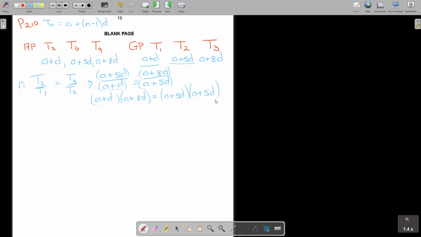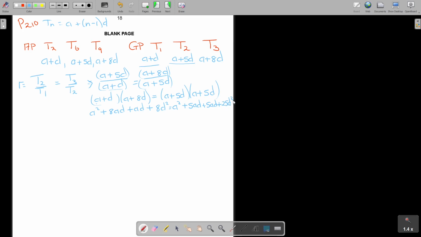And then I'm going to multiply it out. So I'm going to get A squared plus 8AD plus AD plus 8D squared equals A squared plus 5AD plus another 5AD, plus 25D squared.